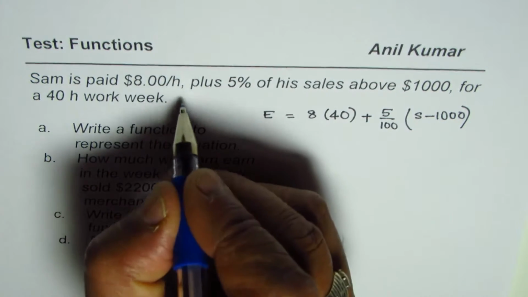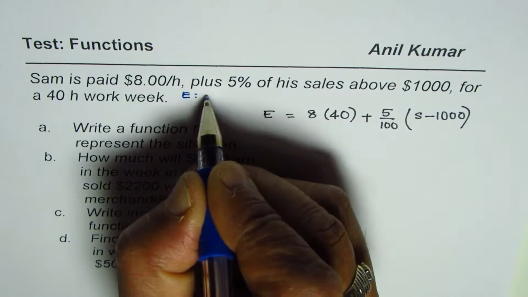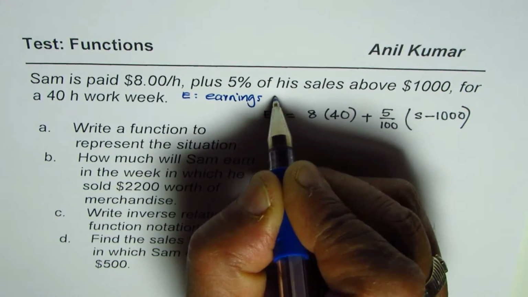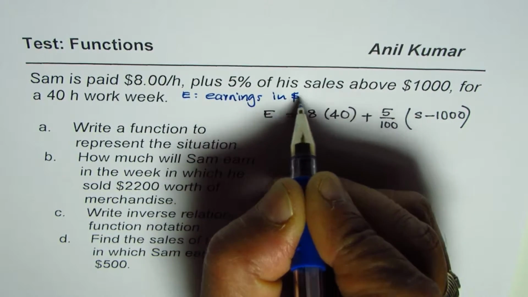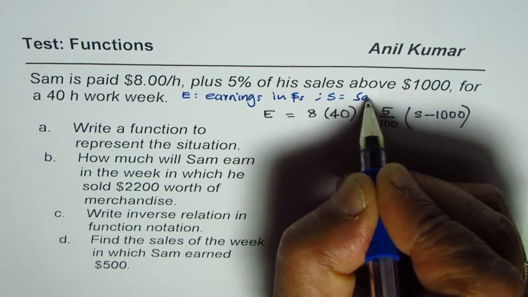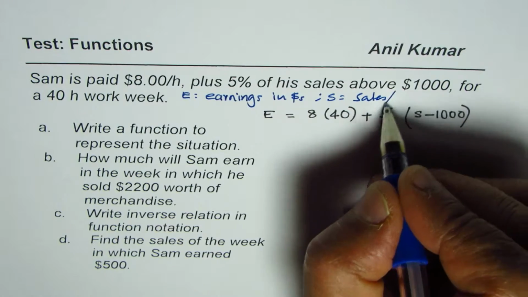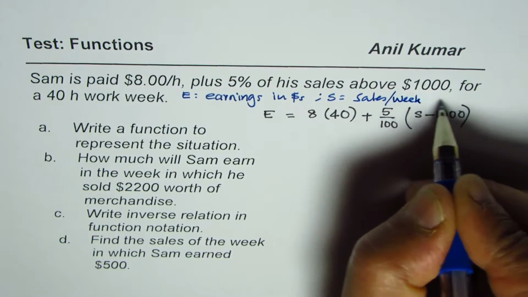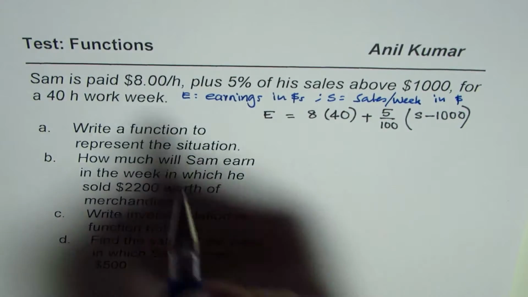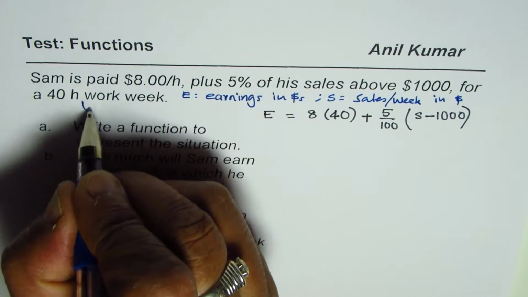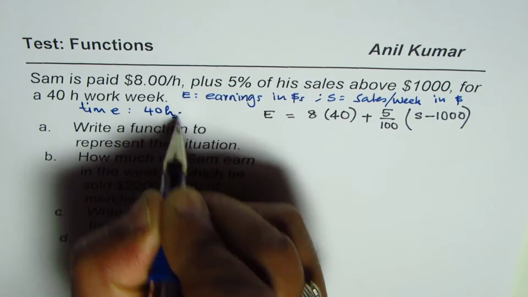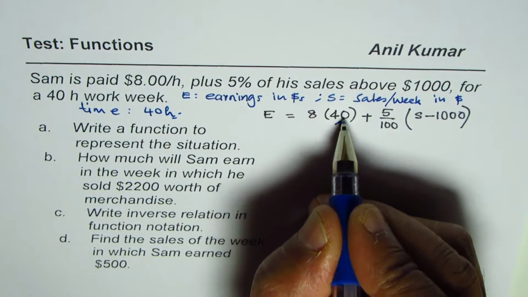So here we have E as earnings in dollars, and S as sales per week in dollars. Since time is 40 hours, we have taken this as 40.